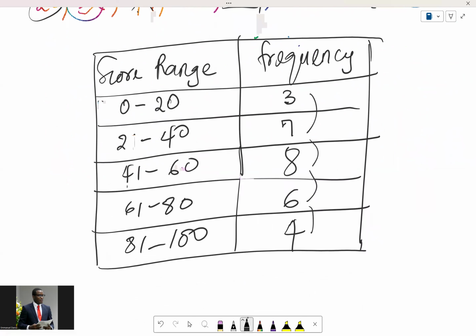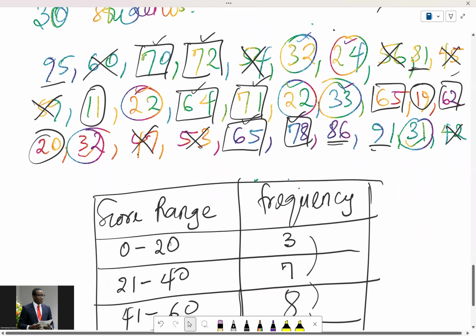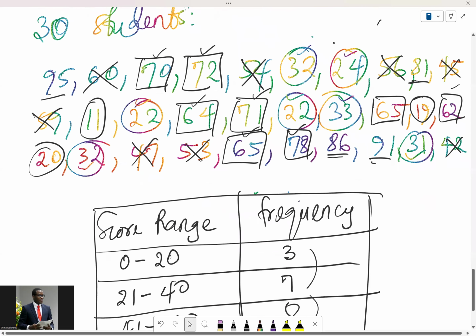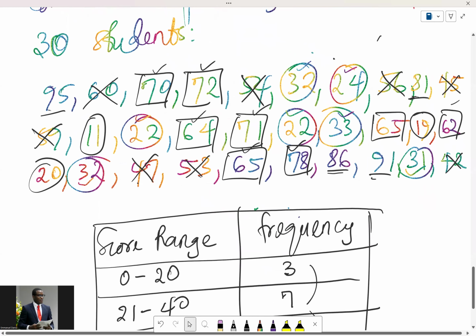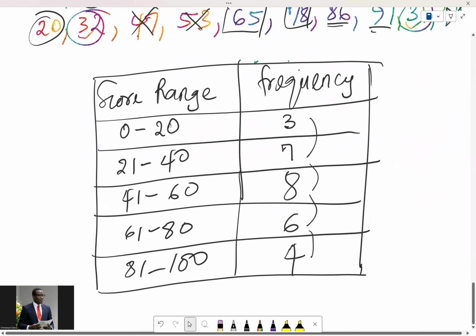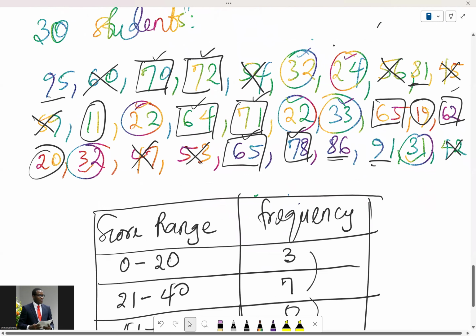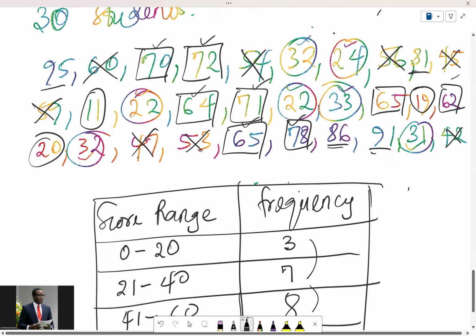No, what is wrong here? 4 plus 6, 10. 18, 25. So 2 have not been accounted for. So 81 to 100 is 1, 2, 3, 4.